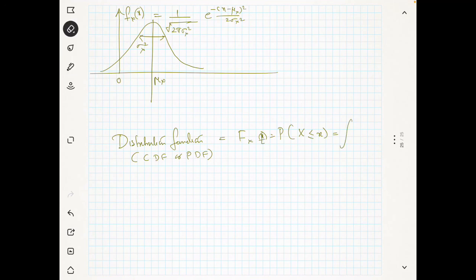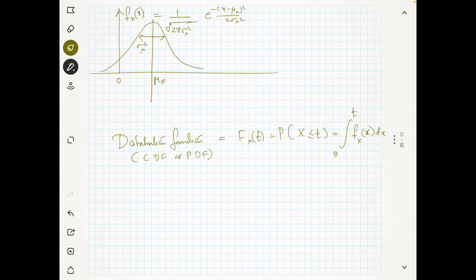Let me use another variable for convenience: f x of t is the probability that x is less than or equal to t. I integrate f x from 0 to t and get the probability that x is less than or equal to x. This is by definition.